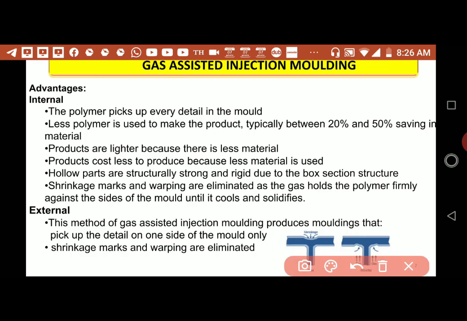And as usual, the shrinkage marks and warping are eliminated, due to the pressure of the gas we are injecting from the opposite side. So we get details of one side. This side is very perfect.